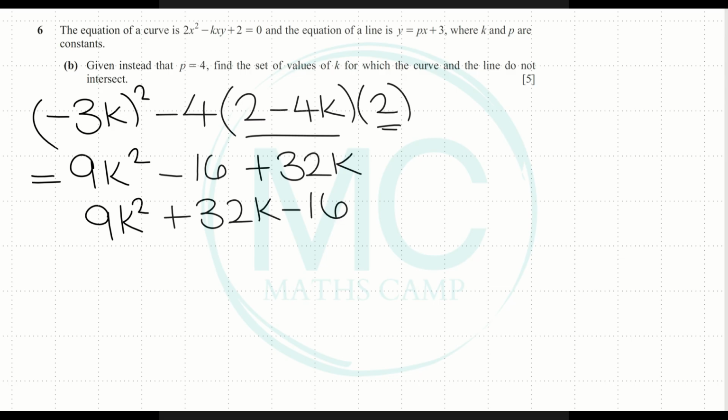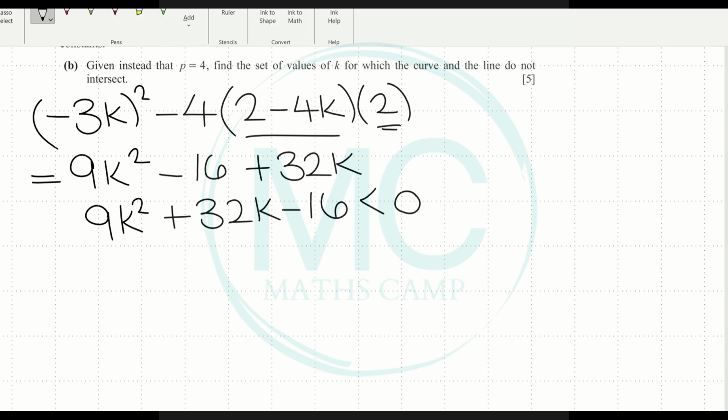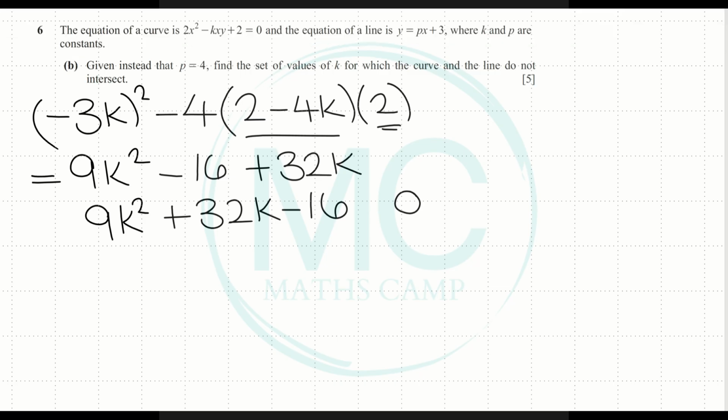This is the equation for the discriminant, so it will be smaller than 0. But because we're working with a quadratic, we need to find our critical values, which means that we need to make this equation equal to 0. So I'm going to take out the smaller than sign and make this equal to 0.